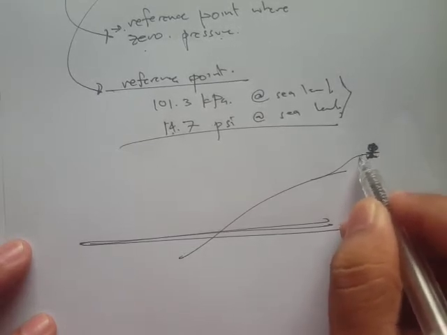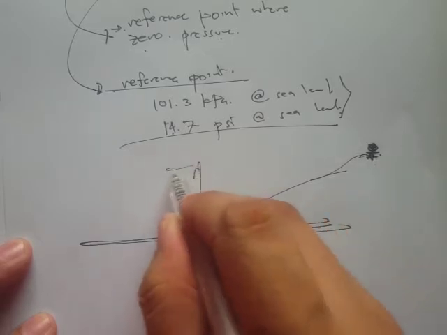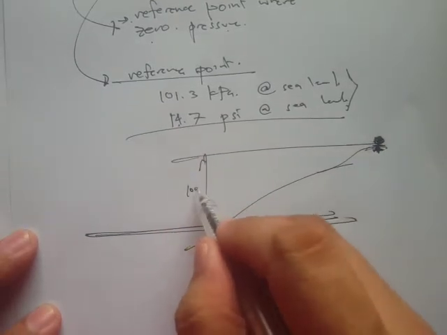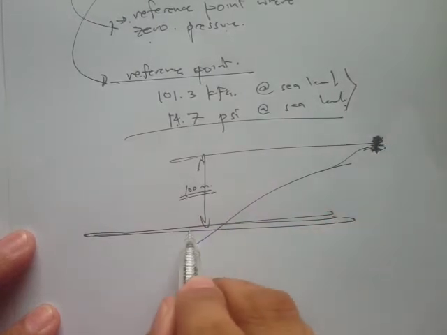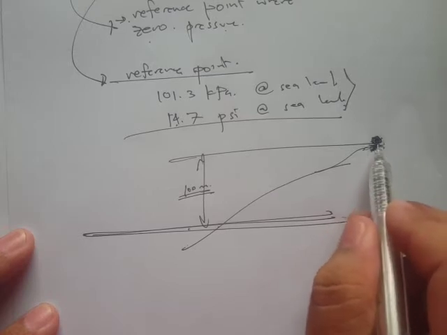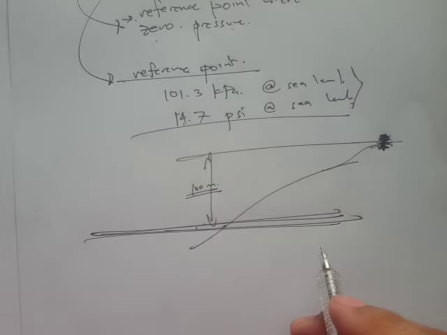Let's say this is me. Now, if I have a location of 100 meters above sea level, then of course the atmospheric pressure at this point would be different from the atmospheric pressure at this point.